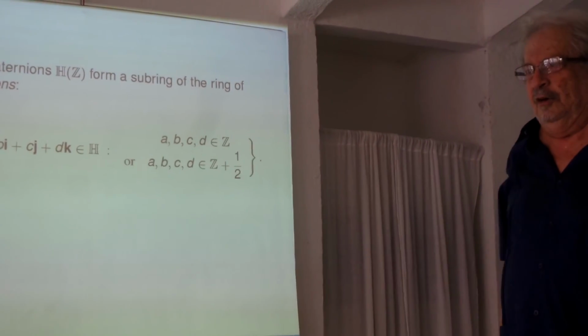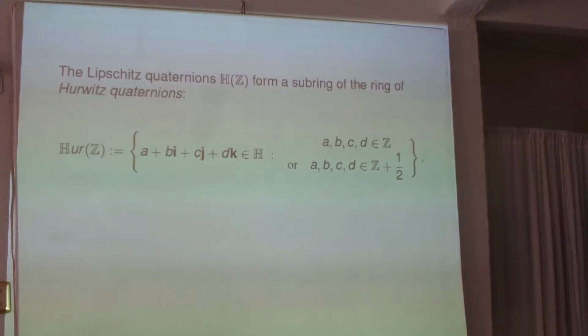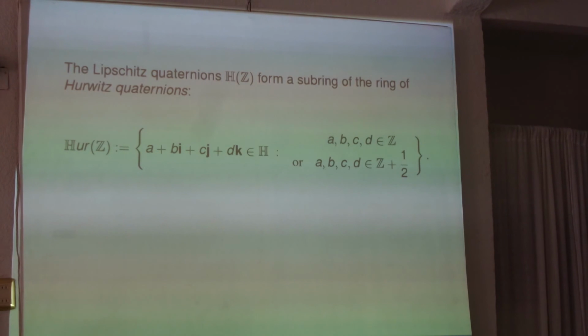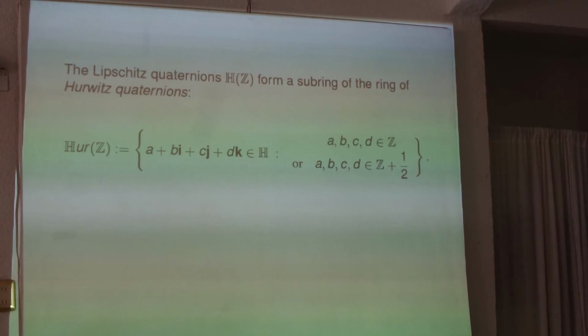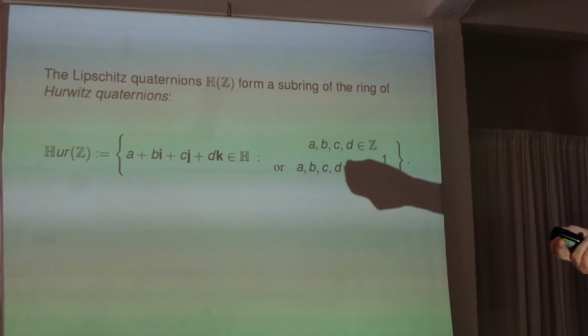Mixed couples are not allowed. And surprisingly, it is also closed under multiplication and addition, and forms a subring of the quaternions. And actually the additive part is a lattice.